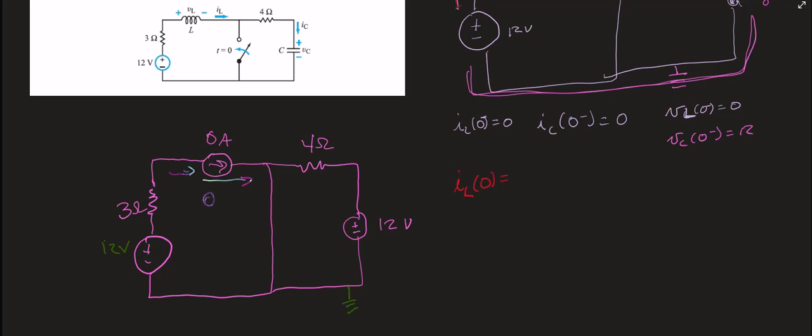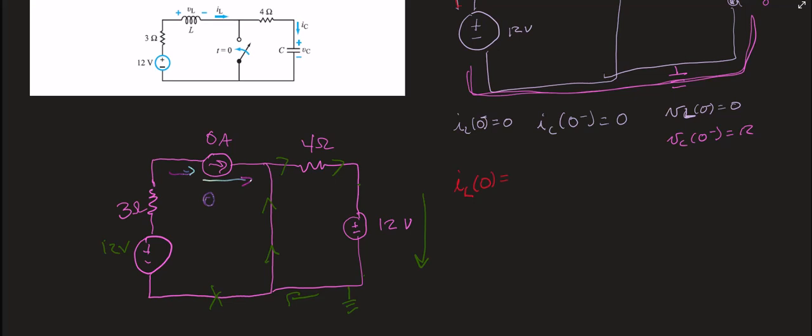And so if we have 12 volts here and 0 here, then we know the current is going to be going this way. No current is going to go into this branch because there is no current in that branch because the current through the inductor is 0. And so all the current has to come up here. And so that is the direction of the current.